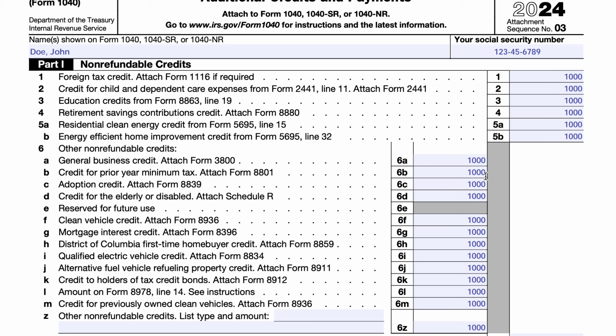For adoptive parents who may be eligible for an adoption credit, if you paid expenses to adopt a child, if you adopted a child with special needs, and if that adoption became final in the tax year, then you can file IRS Form 8839. You would also be filing this form if you received employer-provided adoption benefits.